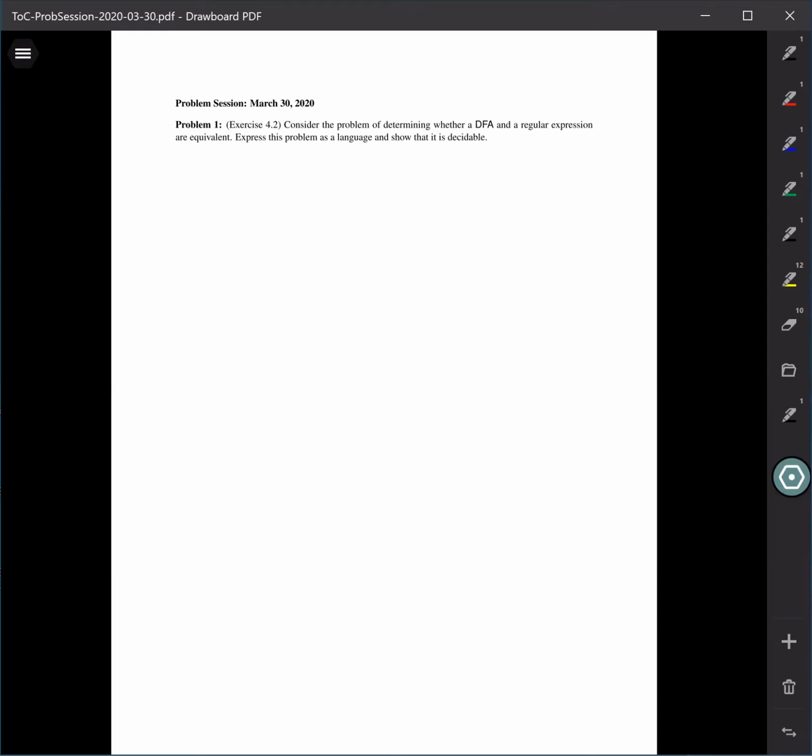We've worked through them ourselves. And I have stressed when we've done that you should be following the mechanical procedures that are defined, for example, for converting a regular expression into an NFA, or converting an NFA into a DFA.